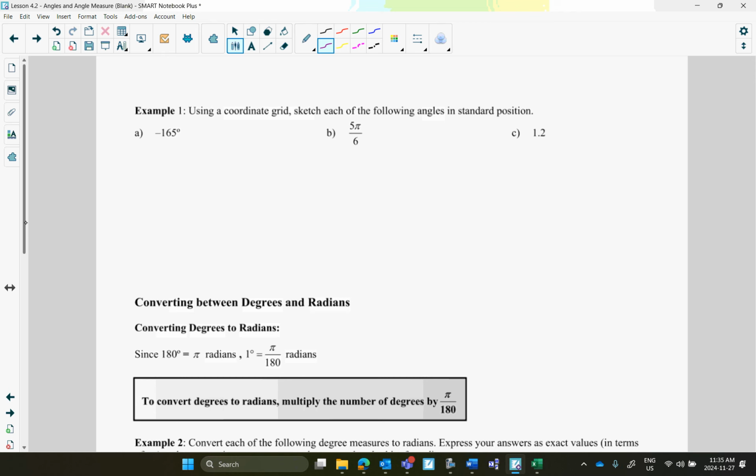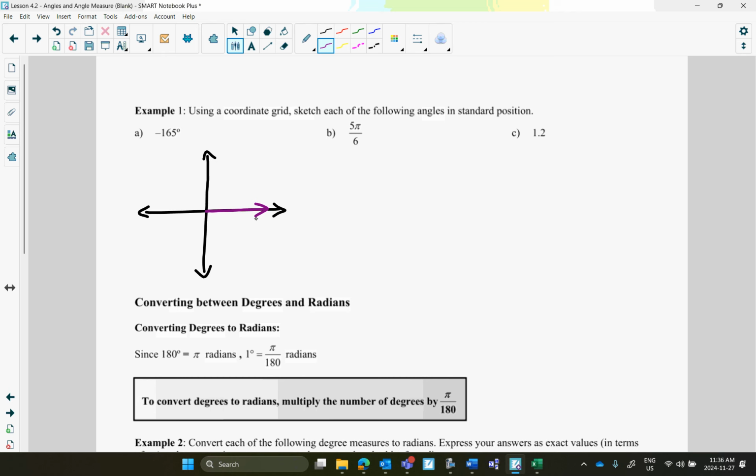Okay? We want to sketch it. And notice that the first one's negative. So we're going to use a coordinate grid. Remember, the initial arm is always the positive x-axis. Well, you guys should know where to go at about 165 degrees. Where do you go for negative 165? I'm going to have to swing this way, right?